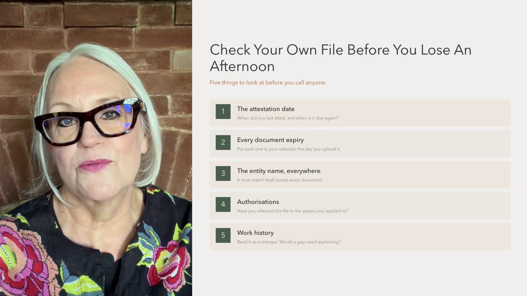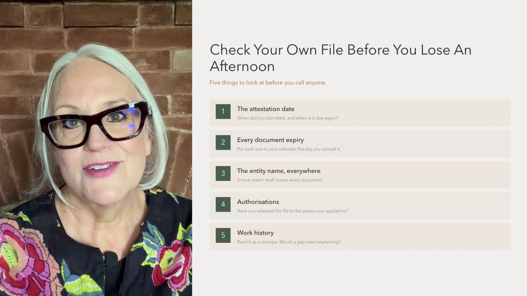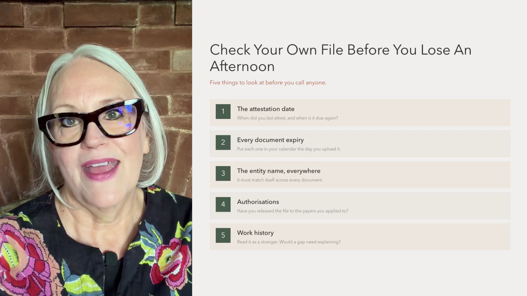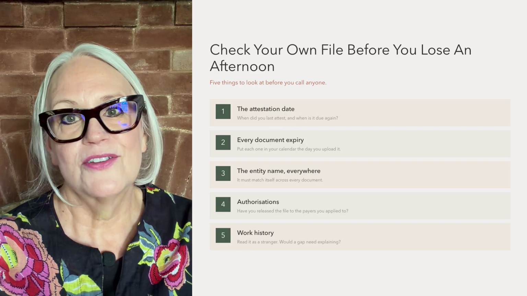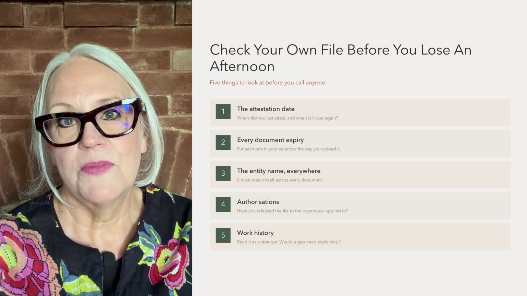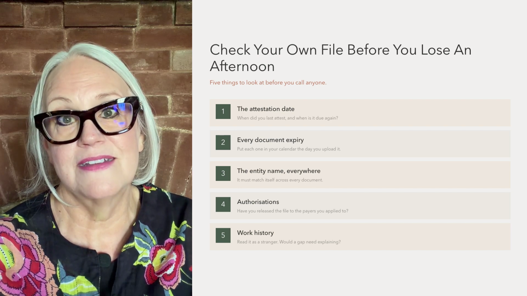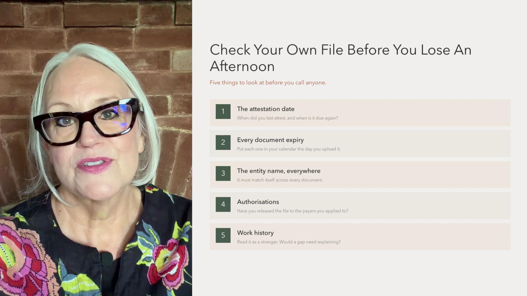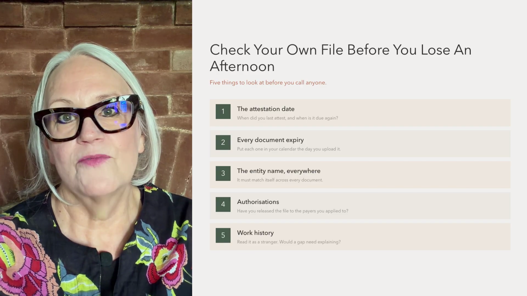Then look at your work history for any gap and make sure every one of them has a written explanation attached. Then check your authorization settings and confirm the payer that you applied to is actually permitted to see your profile. So fix everything you find, attest again, and write down the date that you did it.